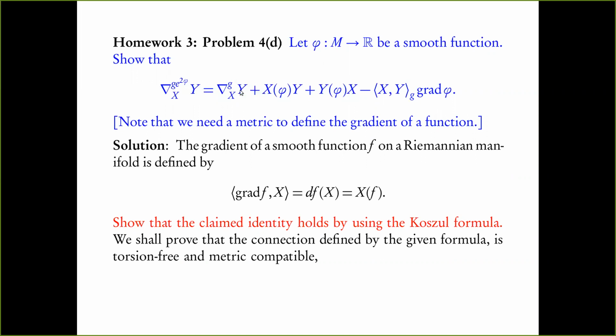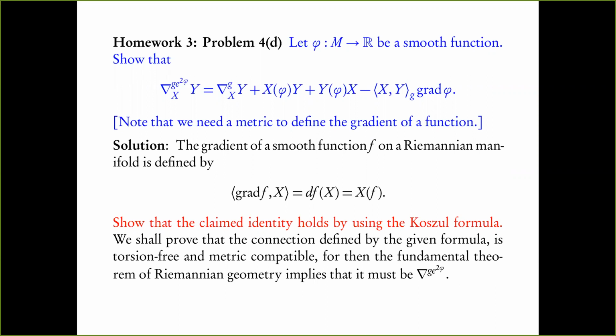If you can show that the right-hand side satisfies both those properties, we're done, because then that would be the Levi-Civita connection for this metric, the metric conformal to g, e to the 2 phi g. So that's the approach that we'll take. We'll use the fundamental theorem of Riemannian geometry and turn it around, using it to deduce what we want, provided we check the two conditions which guarantee the fundamental theorem.